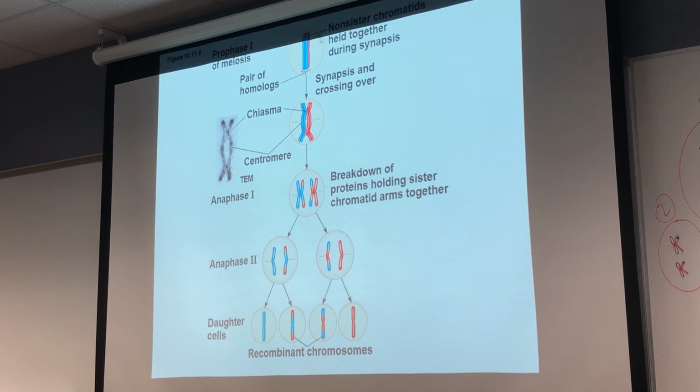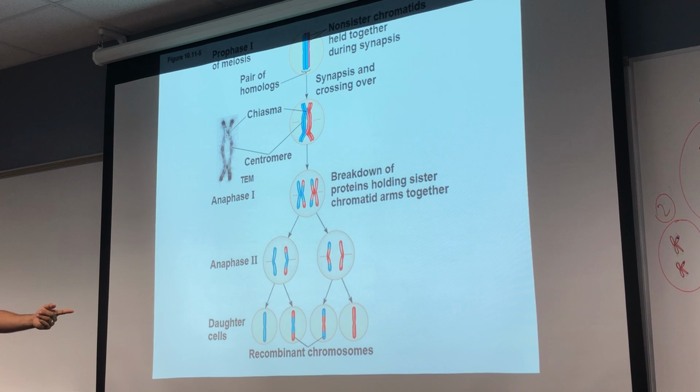Here you have the non-sister chromatids that are held together by the synapses, and then here you have the chiasmata, the X-shaped structures right there, and now they are separated. And then you will have the daughter cells, which are non-identical, non-identical to one another and non-identical to the parent cells. So you have the random fertilization, the independent assortment, and the genetic rearrangement right here.